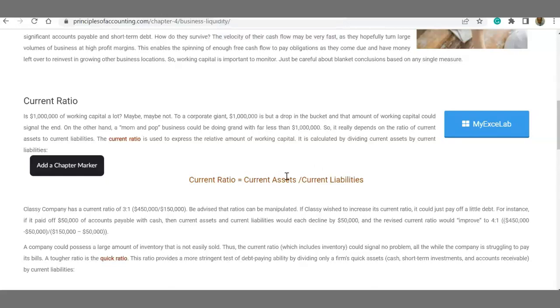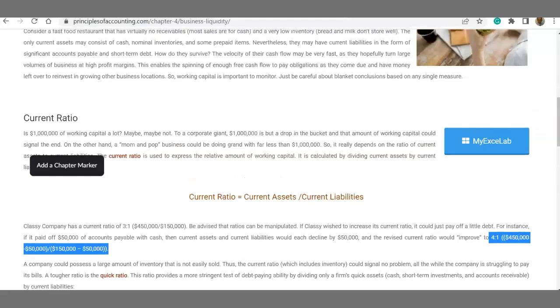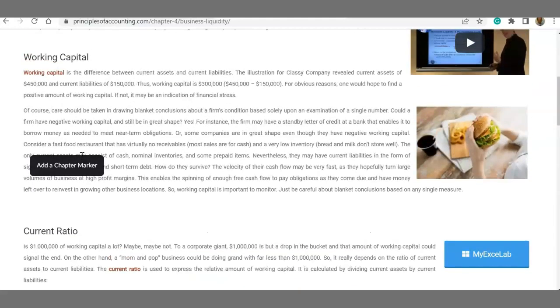That shows for every $1 of current liability, how much current asset we have. And the answer for this company, let's say, is 4-to-1. That means for every $1 of current liability, they have 4 times more current assets available. It's good, but how good it is, you have to compare to something else, another company, let's say, in your presentation.